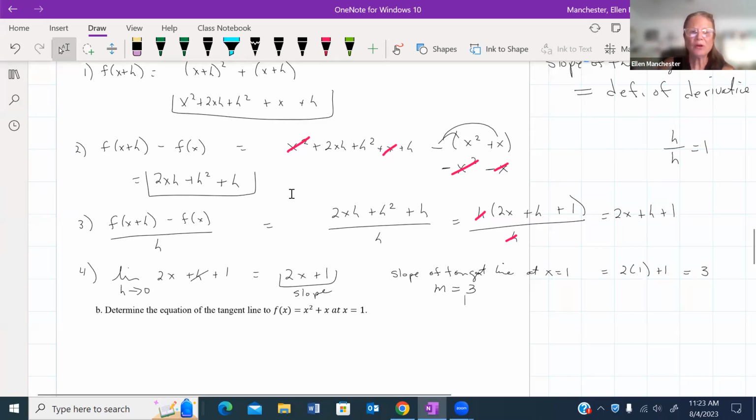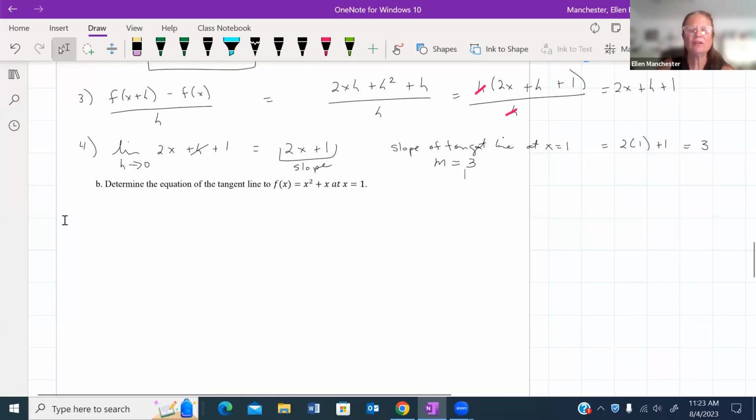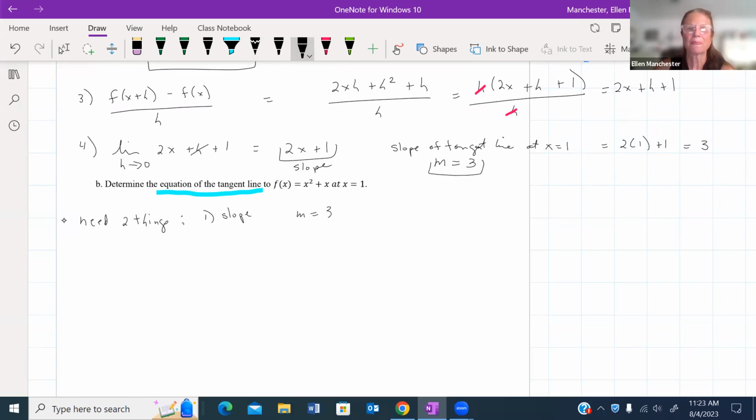Okay, so the second part of this is now it's looking for the equation of the tangent line. Anytime it asks for an equation, you need 2 things. And this is the equation of any line, doesn't matter. You need a slope, which we have. We just found it right here.